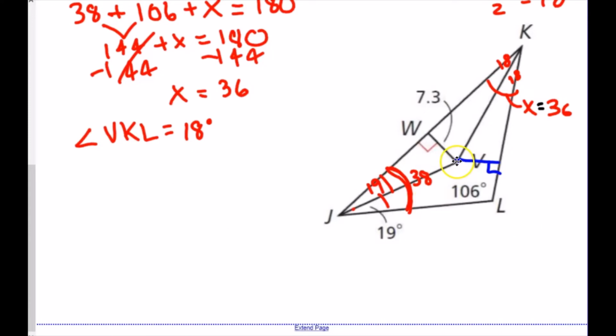So if from the incenter to W, that's 7.3, what's from the incenter towards KL going to be? The exact same thing, 7.3, right? That's one of the properties of an incenter, equal distance to the sides. So I'm going to write my answer: from V to KL is equal to 7.3.